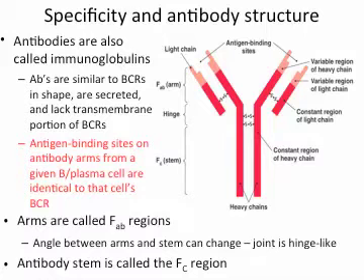And we've got another podcast on B cells specifically. The arms of the antibody are also called Fab regions, and the antibody stem is also called the Fc region.